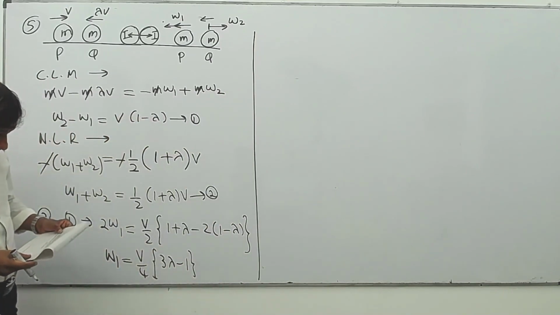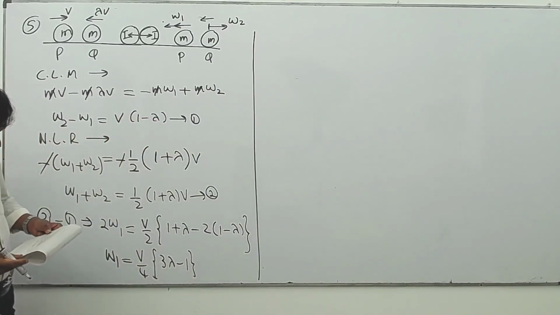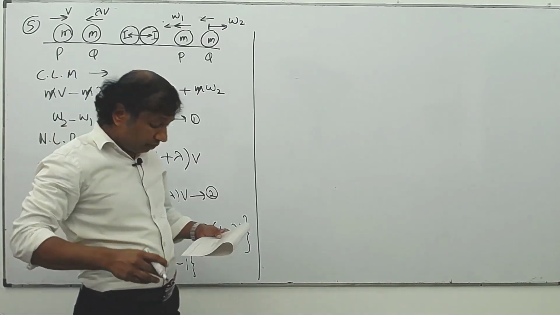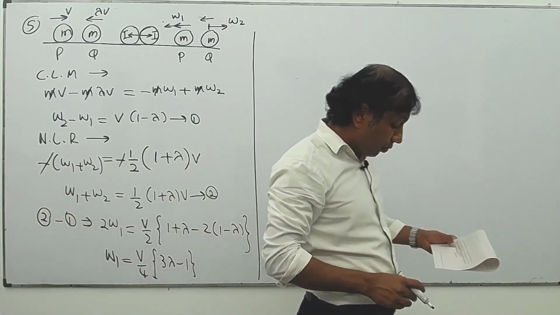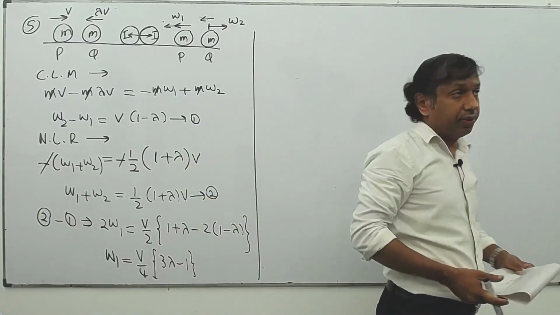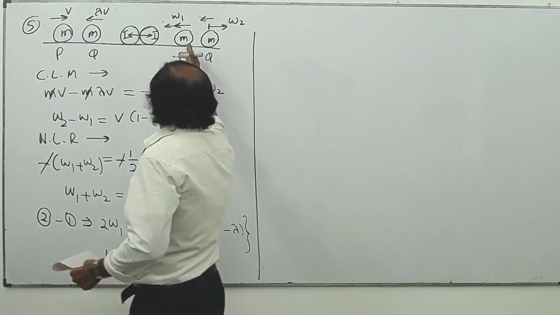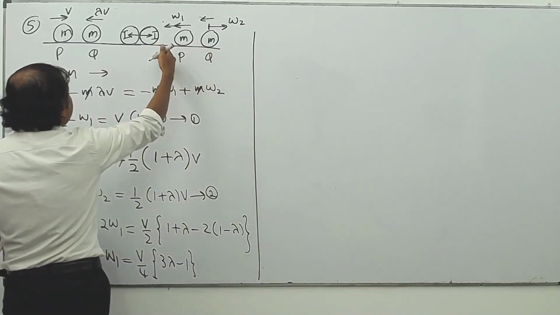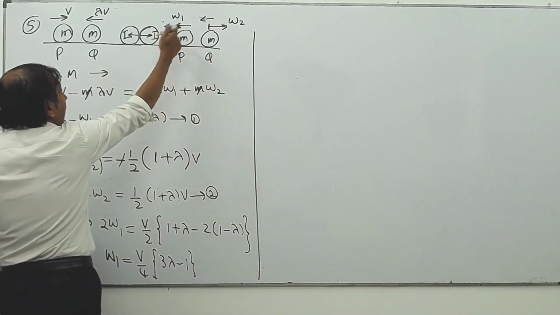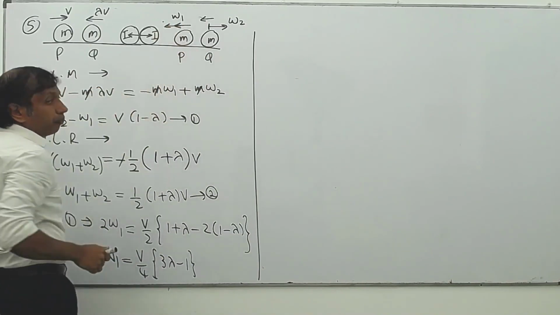Now what is asked? Show that if lambda greater than 1/3, the direction of motion of P gets reversed. If the direction of P gets reversed means W1 should be in the direction we have marked positive, right?